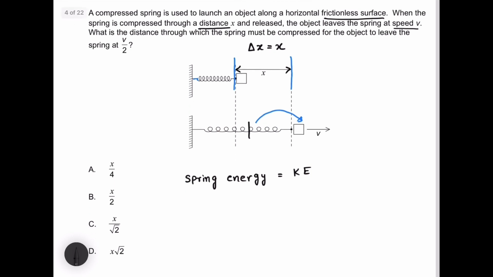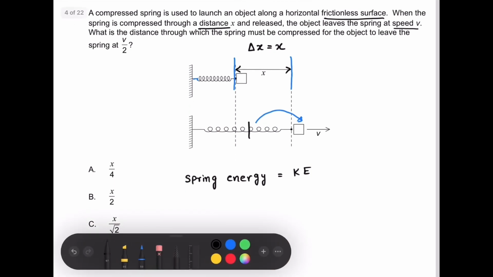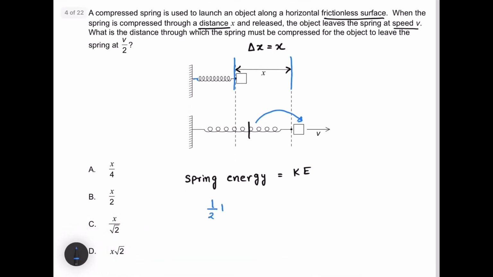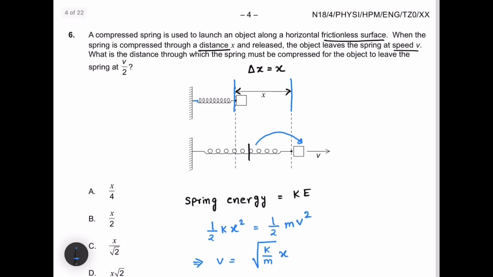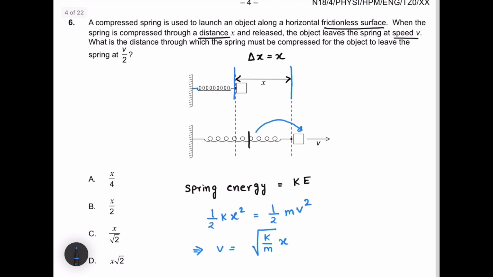So the spring energy will be half k into the compression, which is x, so x square. This is being converted into the kinetic energy of the body, which is half mv square. So from here I find that the velocity of the body is the square root of k by m, into x.